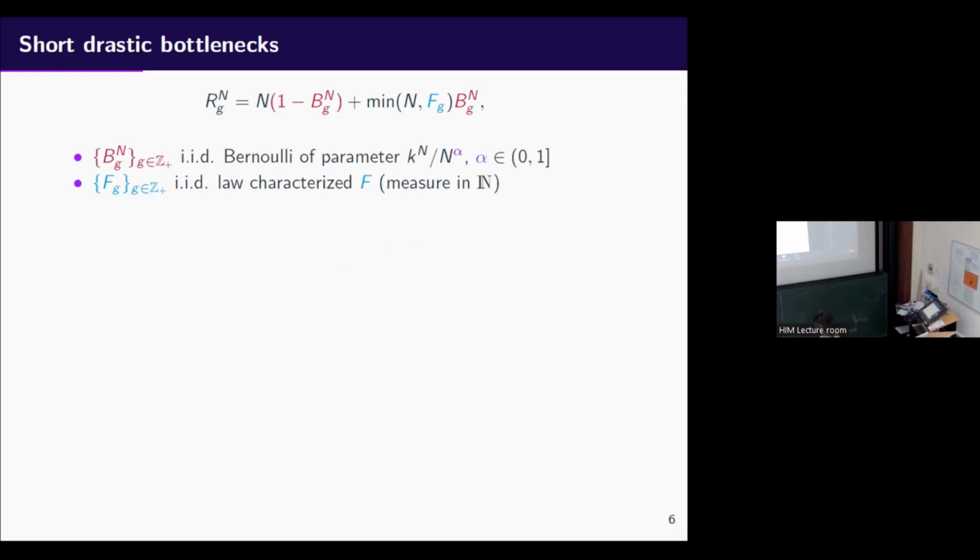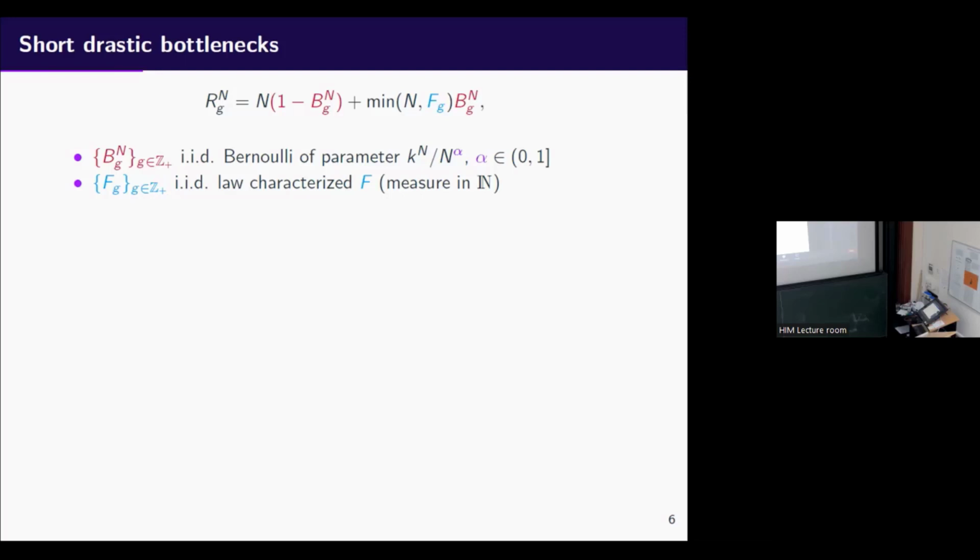So let's first construct the model, the Wright-Fisher model with bottleneck forwards in time, and then we will study its dual, the symmetric coalescent. So let's consider a sequence of population sizes, which is constructed in the following way. You take a sequence of i.i.d. Bernoulli random variables of some parameter that scales with the population size like this.